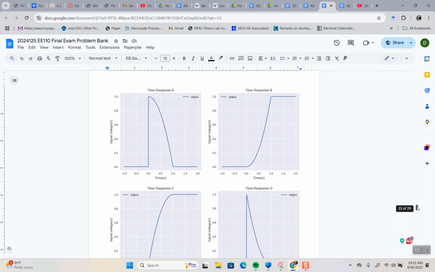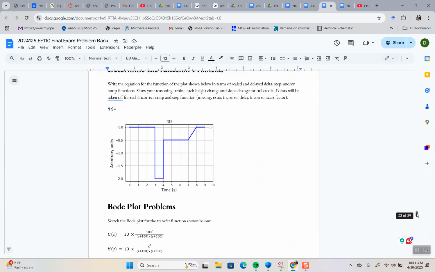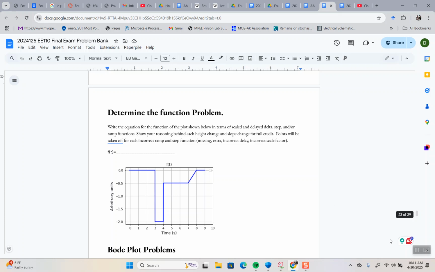Edge, edge, rounding, DC, DC, 0, 0, so high, high, low, low. People tend to do these well, so I'll include it, but I don't think I need to go over it, okay?